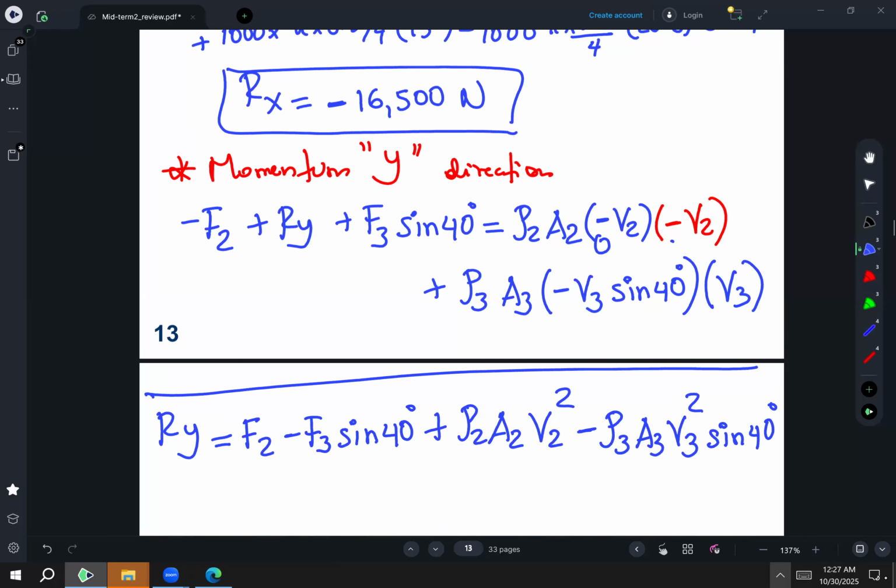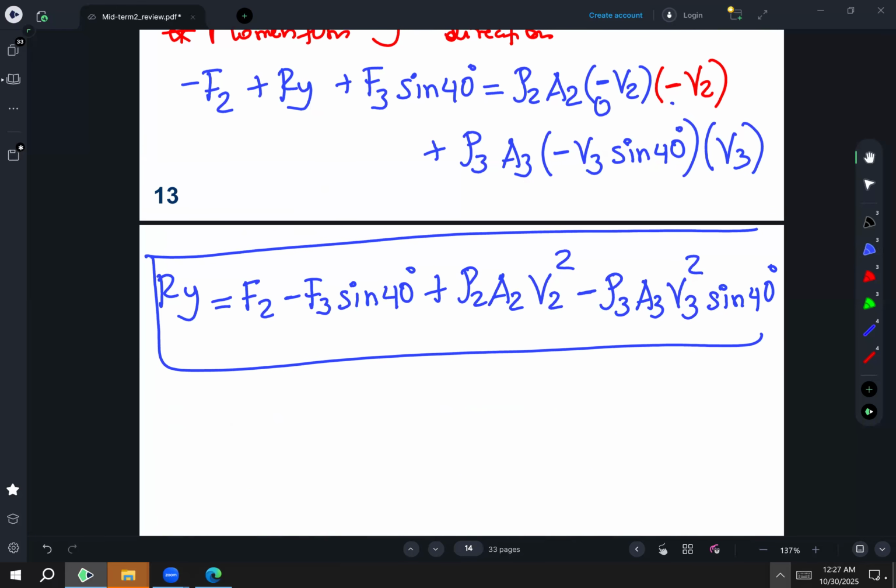That will be my reaction in y. So it's F2 minus F3 sine of 40, minus density 3, area 3, v3 squared sine of 40 degrees, plus density 2, area 2, velocity 2 squared. So we can plug values here.